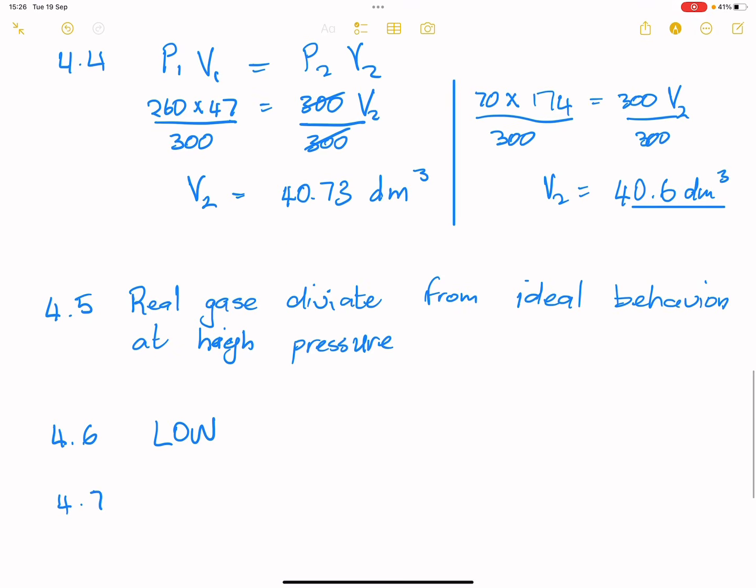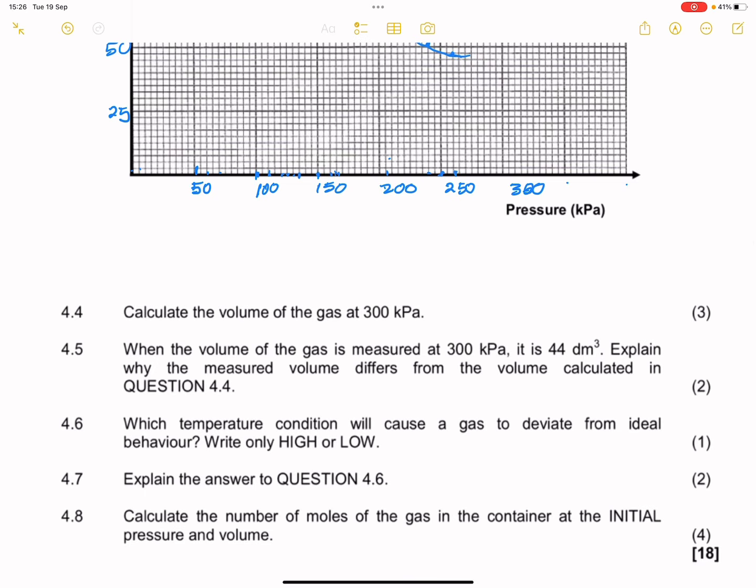And at 4.7, they wanted us to explain the answer in 4.6.